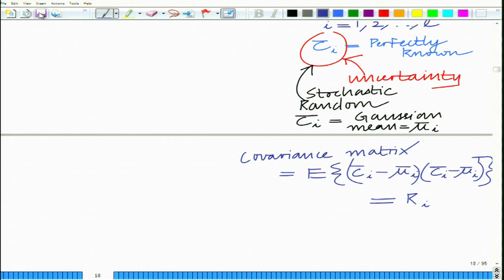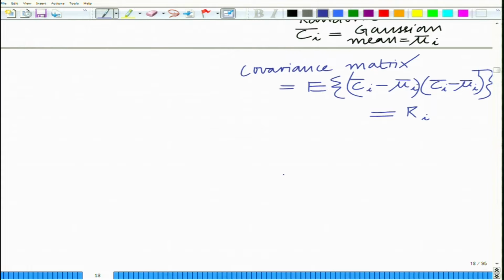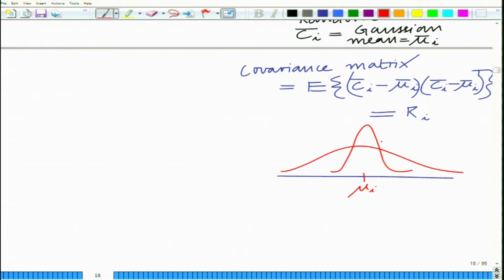Remember, the covariance characterizes the spread around the mean. I am simplifying this for a scalar. For instance, if you have a Gaussian with mean mu i, as the variance decreases, it becomes more and more concentrated on the mean.